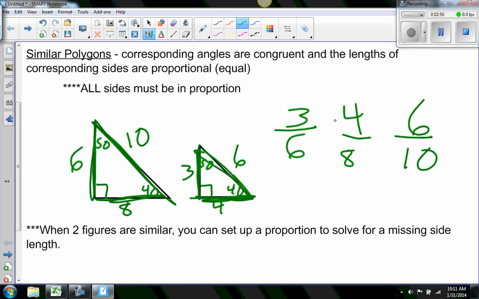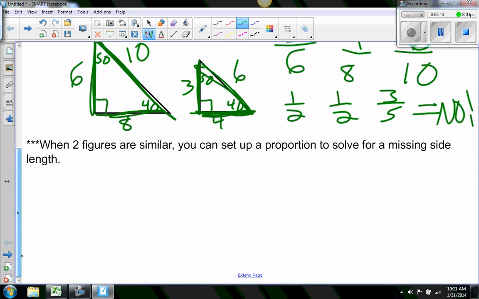Match up your sides, and then you're going to reduce, and all three of them have to be equal. So this one is no. They are not similar, even though they really look like they are, because all of these ratios have to be the same. If you have one that's different, it's automatically not. It doesn't matter that all these angles are the same. The sides also have to be proportional.